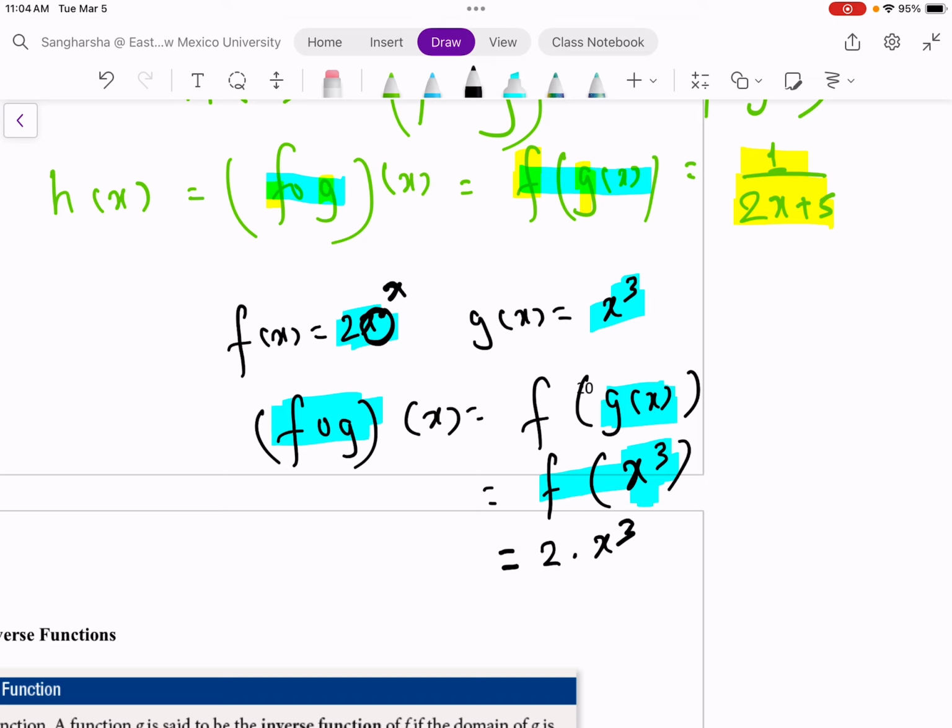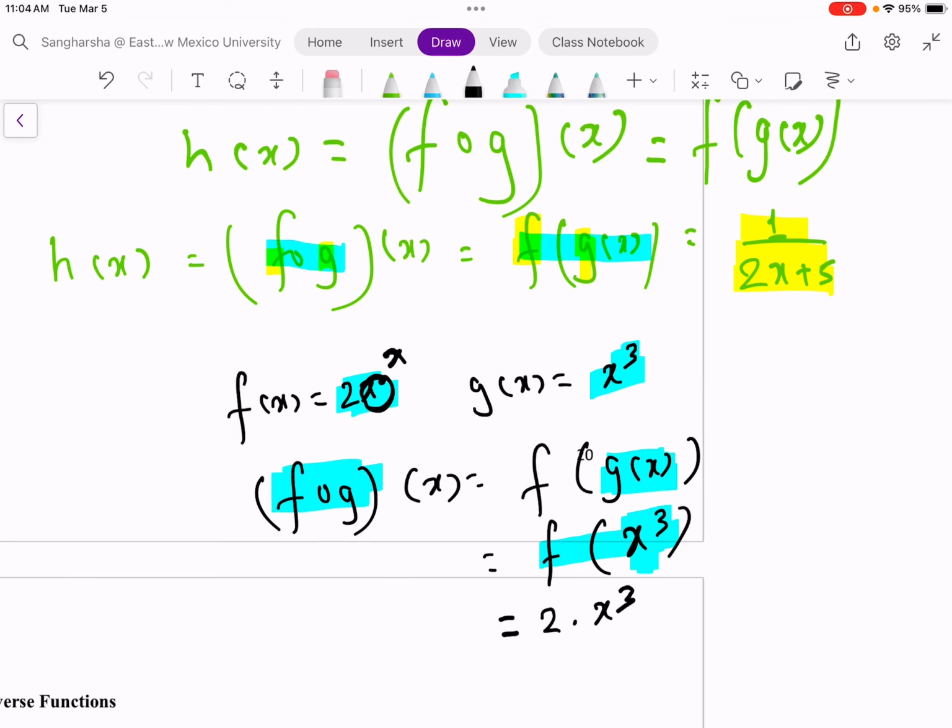Now we are given a composite, we are given f composite g, and we need to find two different functions. So here we need to substitute for g of x. What would be the function for g of x that we are going to substitute here? 2x.